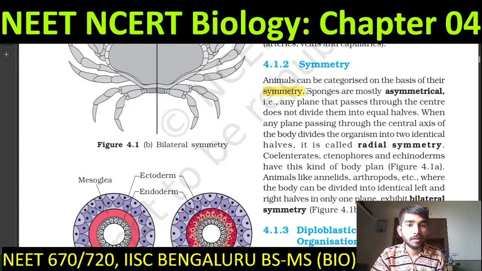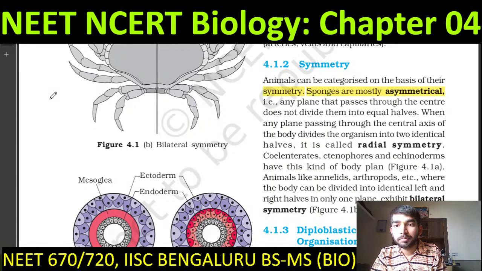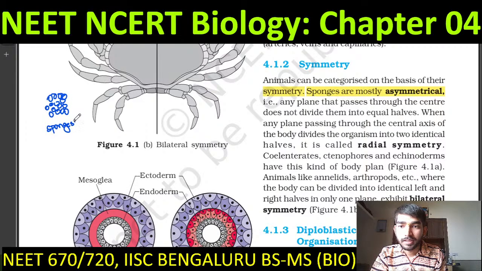So sponges are mostly asymmetrical, and you can understand why this is the case because they are loosely arranged cells, right? There is no fixed pattern of symmetry that is followed for arranging these loosely packed cells. Let's say this is a very simplistic example of a sponge. If this is a sponge, how will you divide it in half?